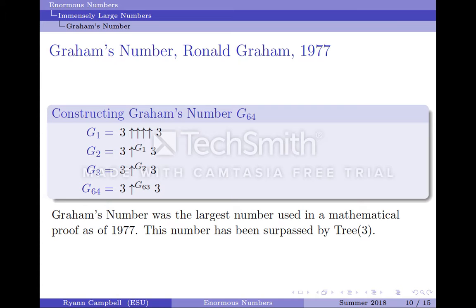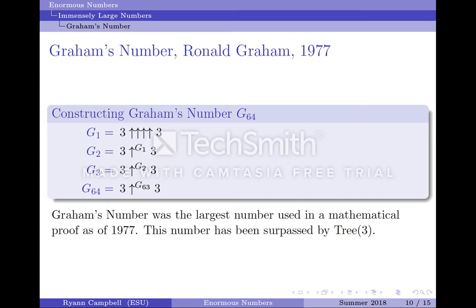G2 takes G1, and we use that many arrows for G2. And then the number from G2, we use that many up arrows for G3.